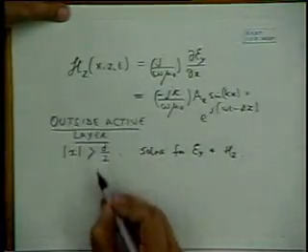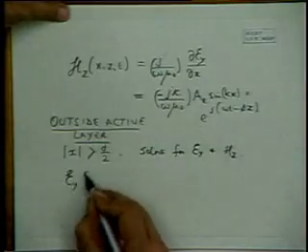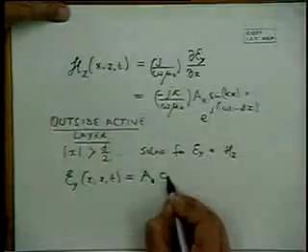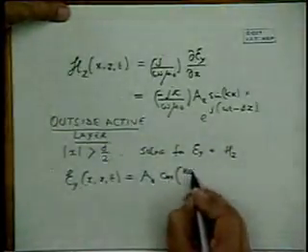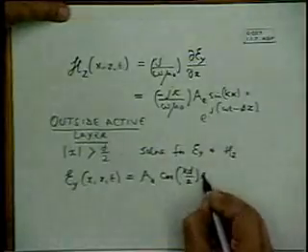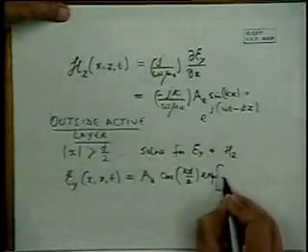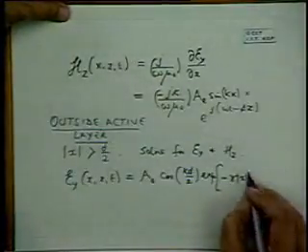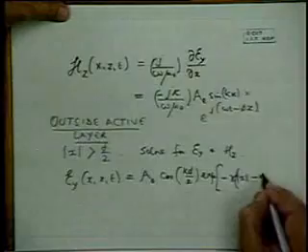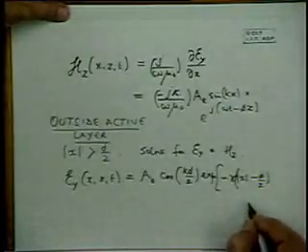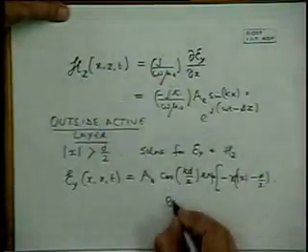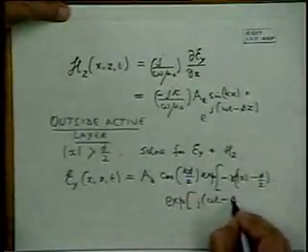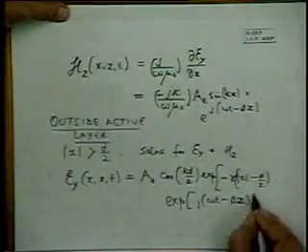So outside the active layer, we have Ey of x, z, t, but we have a damped wave, AE cos kd by 2 exponential minus gamma, okay, so there's no j here, minus gamma x minus d by 2 into the old e to the power j omega t minus beta z term.